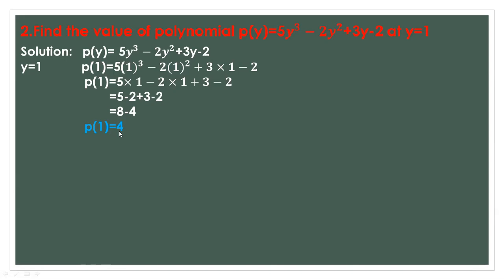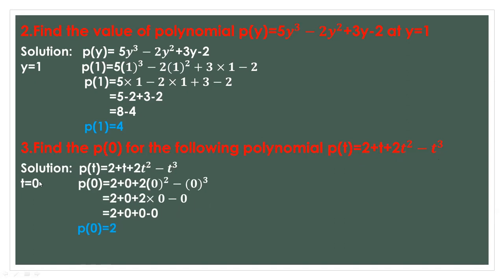Okay students. So next one, find the value of p of 0 for the following polynomial. P of t is equal to 2 plus t plus 2t square minus t cube. Its solution is p of t is equal to 2 plus t plus 2t square minus t cube.